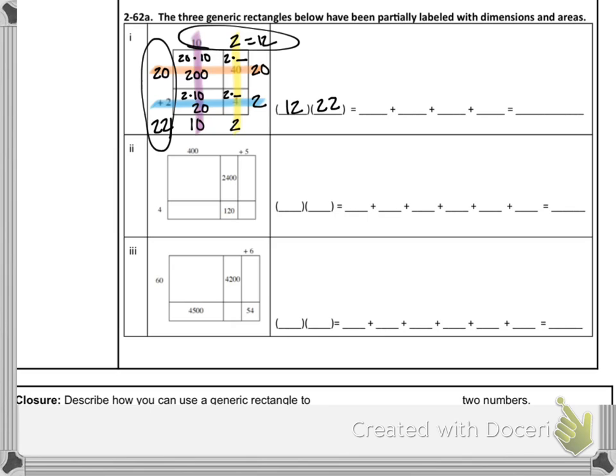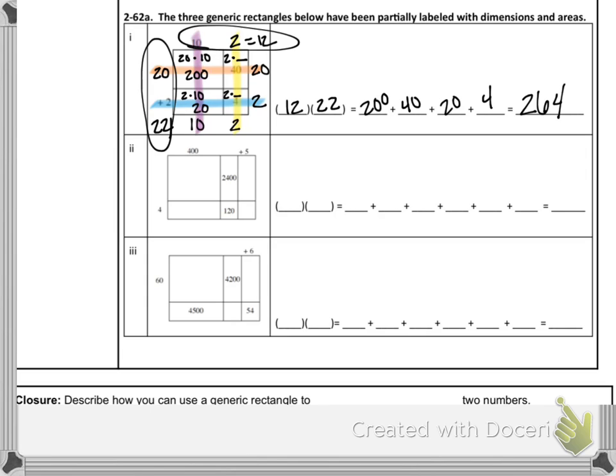I'm going to take my interior values or my products, which was 200, 40, 20, and 4. And when I add all those up very carefully, I'm going to end up with 264. Let's take a look at the next one.